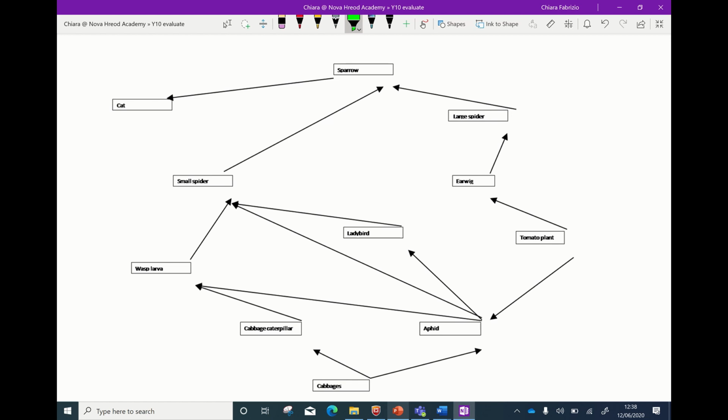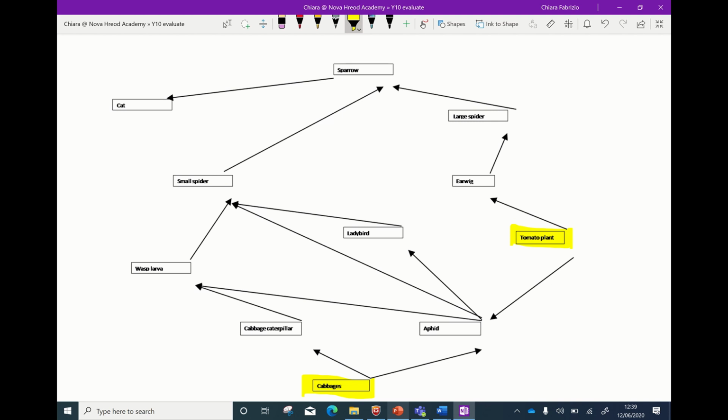So the first thing I would do is have a look at the producers. So the very first organism in a food chain or the food web that herbivores feed on. So I can see that cabbages are a plant, and the caterpillars and aphids are feeding on it. And then we've got a tomato plant, and that's it.